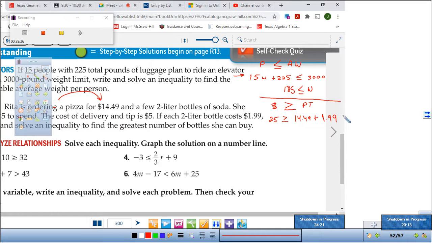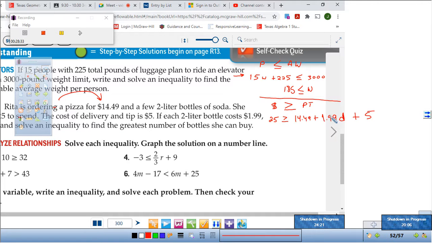I'll go with D for the drinks. Plus $5 for delivery. Look at this. $25 has to be greater than or equal to all of this. If you add this much, you can figure out what she can order. I think that's pretty cool.